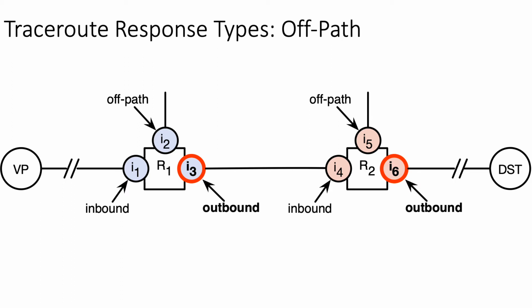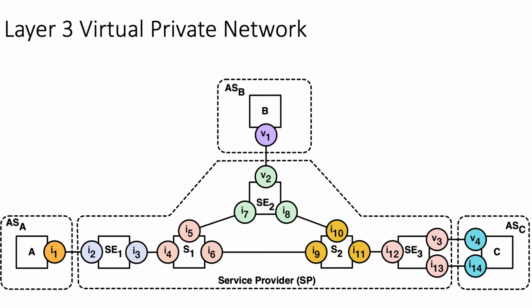Here, the router reports the address of the interface that would have continued forwarding the packet toward the destination. And these responses are fundamentally different from the inbound and off-path responses, which come from the traceroute source's side of the router. They indicate the interface that received the probe or that the router used to reach the source. The outbound address, on the other hand, is on the destination side of the router.